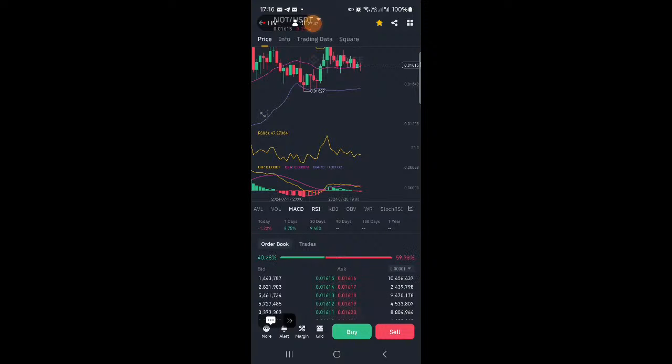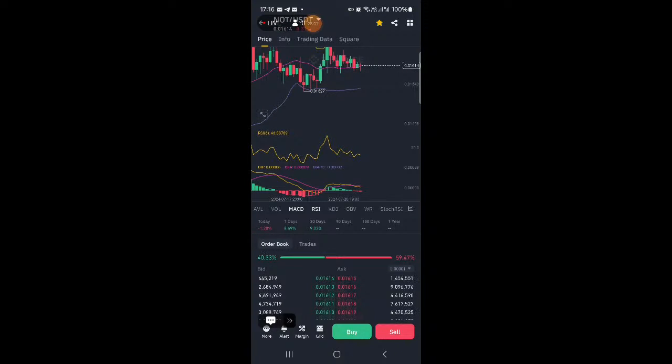Please and please, protect your capital. Don't just trade blindly. Don't FOMO. Avoid the fear of missing out. Take time to do your analysis. With these indicators, analysis is made very easy.